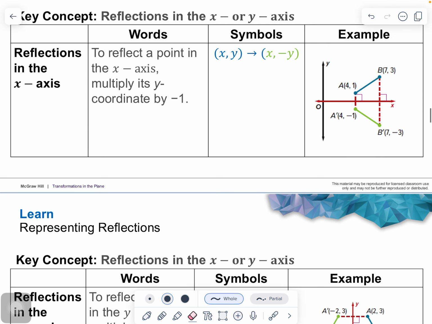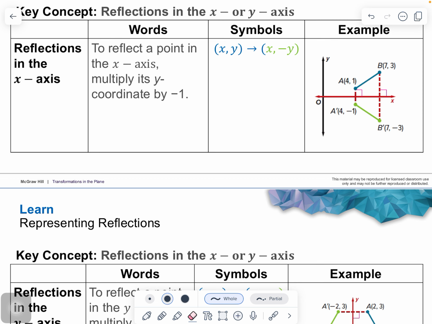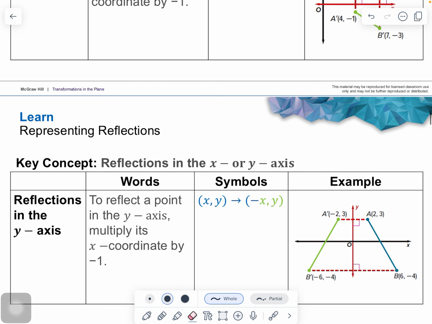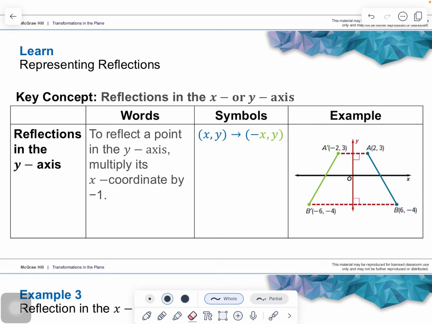Now, when we reflect in the y-axis, I bet you can make a guess what happens. Yes, we are going to change the x sign. Here it is. So when we reflect across the y-axis, the x value changes.